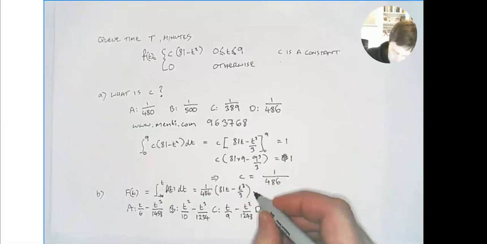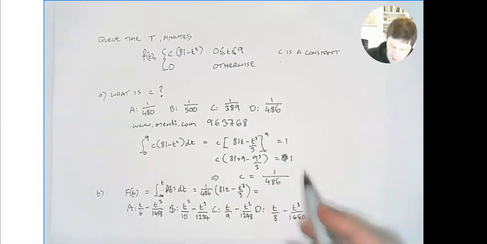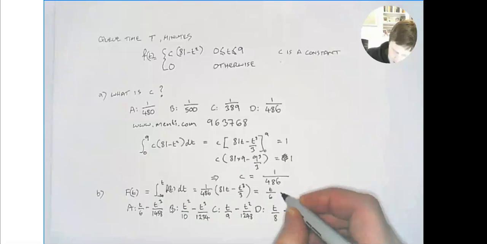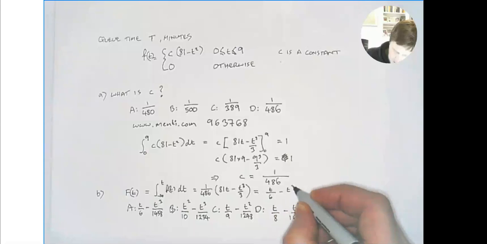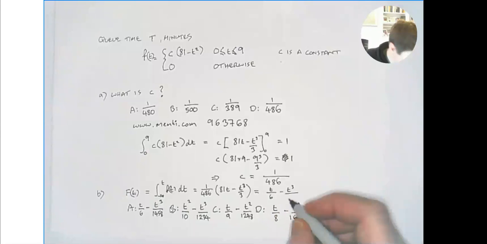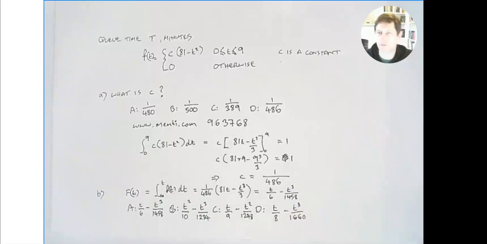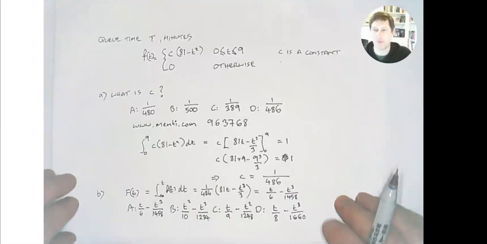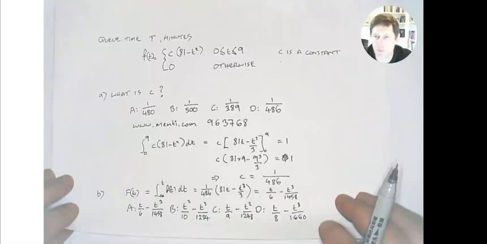And then if you divide by 486, you have t over 6 minus t cubed over 1458. Okay, so simple when you know what to do.